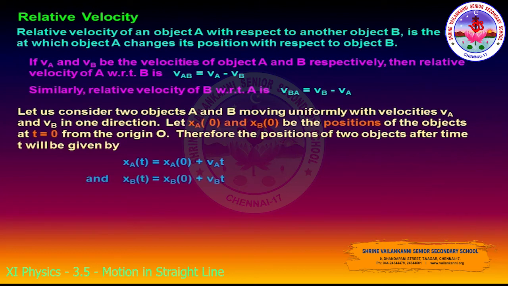From the motion relation we can write the formula. XB of t is equal to XB0 plus VB t. We have to take it for both the objects.